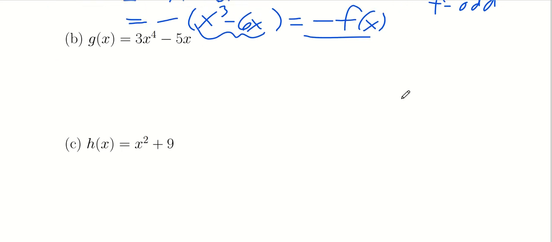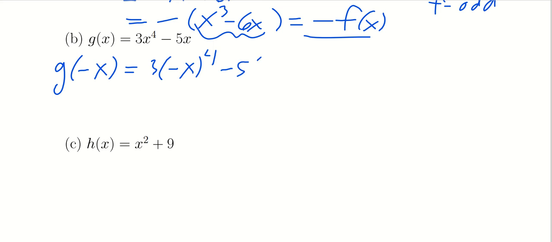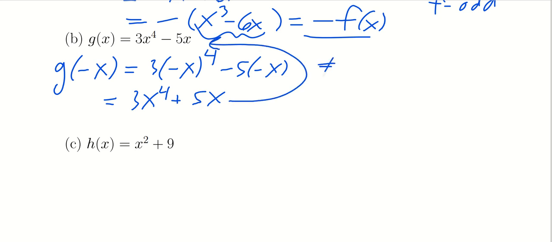Let's take a look at g to determine if g is odd or even or neither. Again, we replace x with negative x. Looks like this. Negative x to the fourth is the same thing as positive x to the fourth. This would become a positive 5x. So we plugged in the negative x, we simplified it. This is not the same thing as g of x. So we did not recover the original, so g is not even.